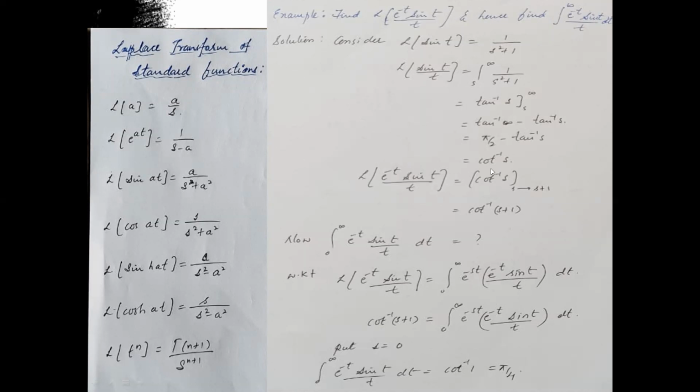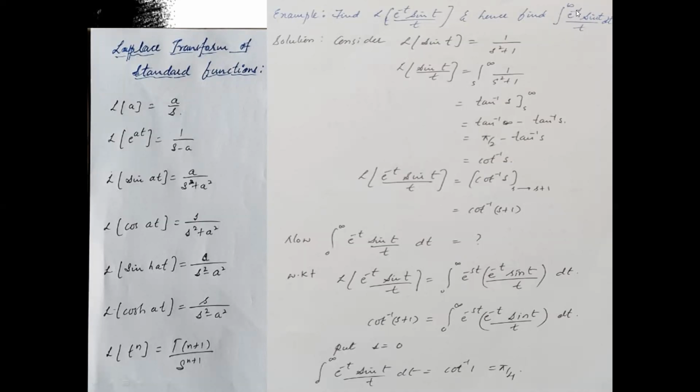Then in f of s, you have to replace s by s minus a. Now a is minus 1 here, so we'll be replacing s by s plus 1 in the Laplace transform of the function f of t. Here f of t is considered as sin t by t. So we'll replace s by s plus 1, we'll get cot inverse of s plus 1. Thus we obtained the Laplace transform of e raised to minus t sin t by t.